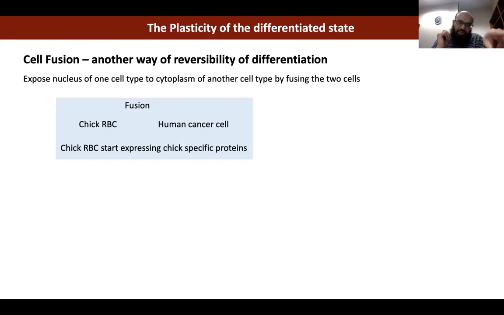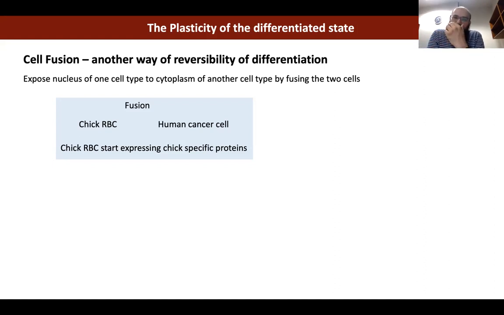That's why they took chicken red blood cells, because they are a good model system for studying cell fusion. Chicken red blood cells still keep the nucleus, although it's transcriptionally completely inactive. All the genes are repressed. They do not produce any RNA, but they still keep the nucleus.